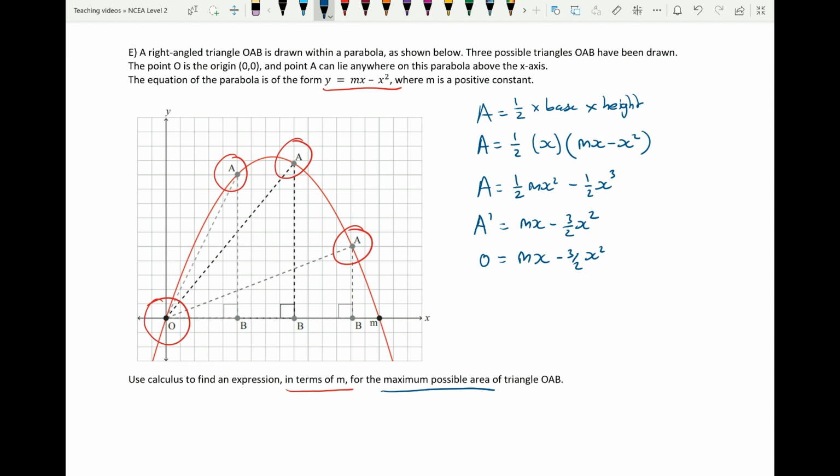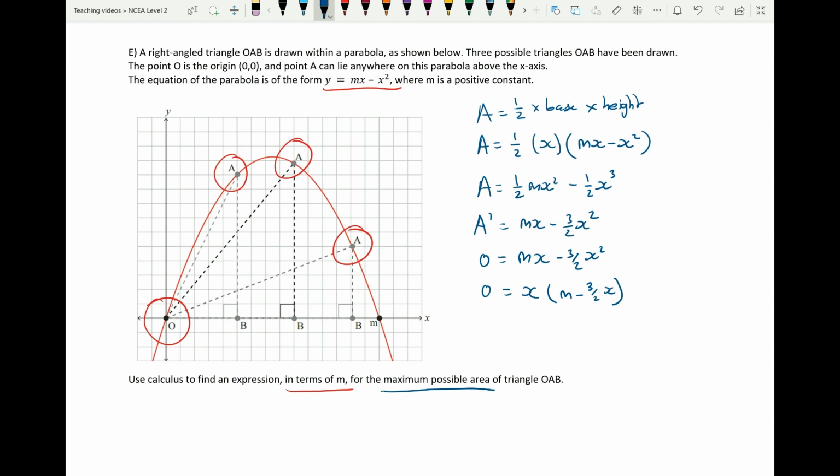So now we need to solve this equation. Again, it might look initially like we perhaps can't do that. But if we factorize it, we can take x to the outside, and then go m minus 3 over 2 x.